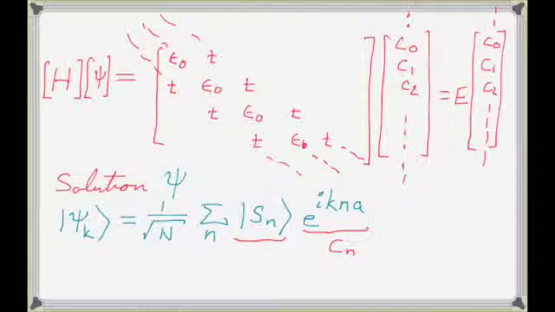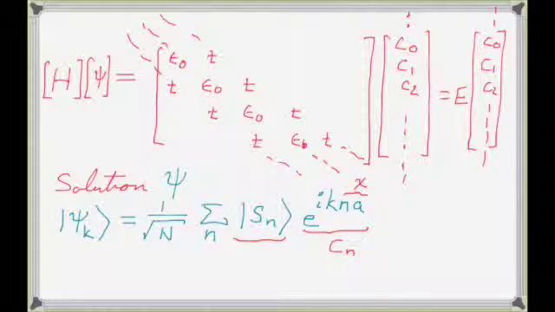So instead of e to the i k x, I have e to the i k n a, but this n a really is our position. That is the center position of each atom n. I said n a, n times a, where a is your lattice constant. That is the x coordinate of each atom.